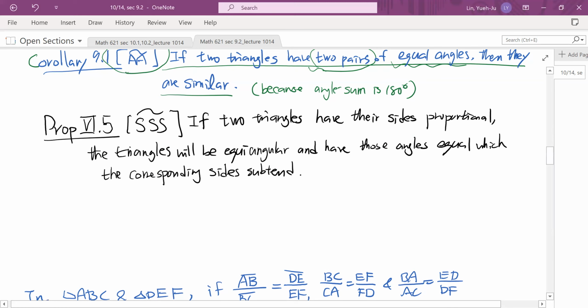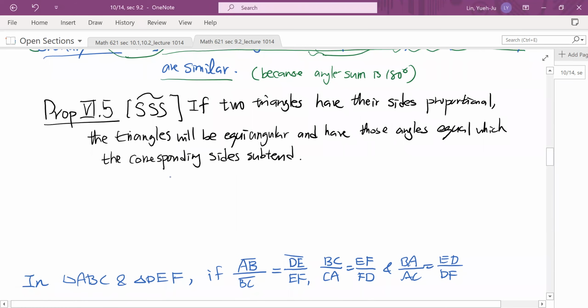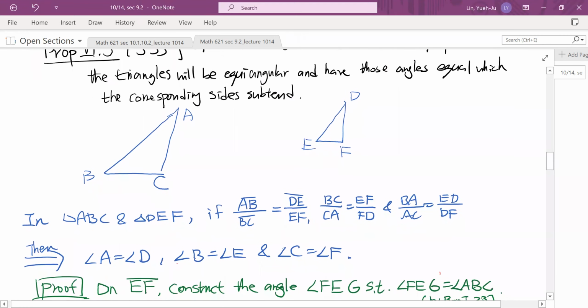Okay, so first let me draw the two triangles here. The statement is a little bit hard to understand, so it's better to just read the mathematical statement in the proof here.